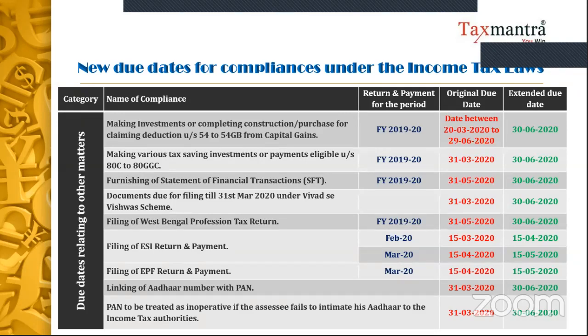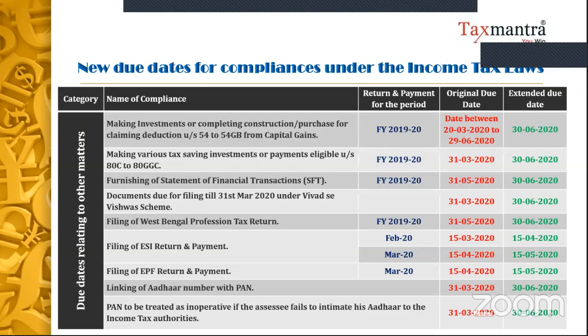Moving to the next section, the West Bengal PT return for the financial year 1920 has been extended till 30th June, which was earlier 31st May of 2020. Filing of ESI return and payment for the months of February and March, which was earlier due on 15th of March and 15th of April respectively, has been extended by one month.